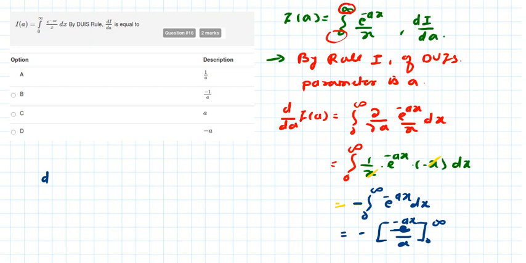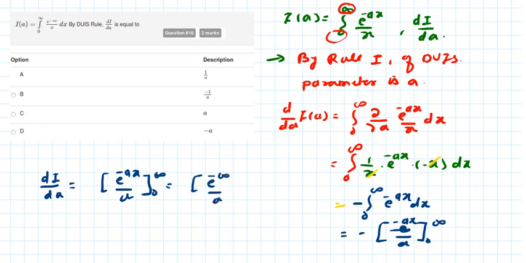So what we will get, dI by dA equal to e raised to minus ax upon a under limit 0 to infinity. If you put the upper limit minus lower limit, you will get e raised to minus infinity upon a minus e raised to 0 upon a. So this will be e raised to minus infinity is 0, minus e raised to 0 is 1, upon a. So this is minus 1 by a. So if you observe, option B is the right answer.